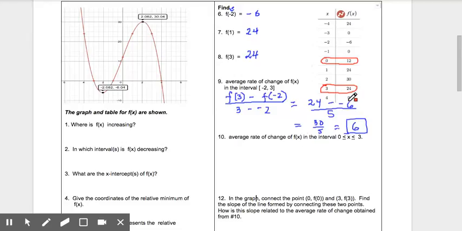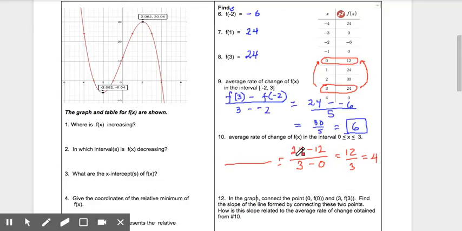So the average rate of change is the change in y, f of 3 minus f of 0. The change in y, that's going to be 24 minus 12. So we'll have 24 minus 12 over the change in x, which is 3 minus 0. And we simplify this, it's going to be 12 over 3, and 12 over 3 is equal to 4.